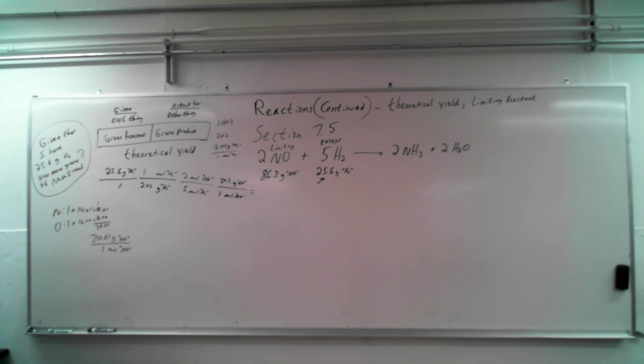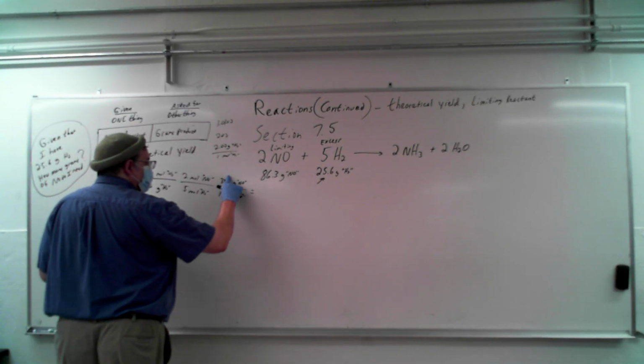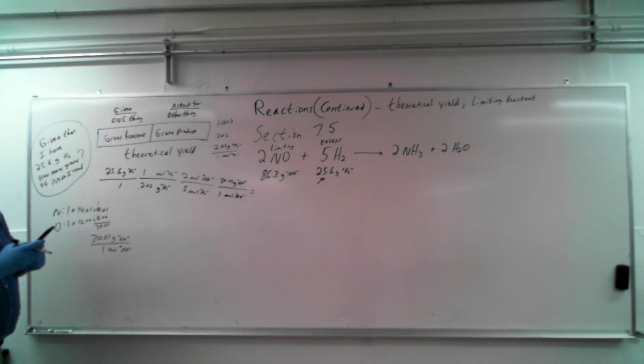Is this 30.01, not 30.1? Yes. 25.6 times 2 times 30.01 divided by 2.02 divided by 5.